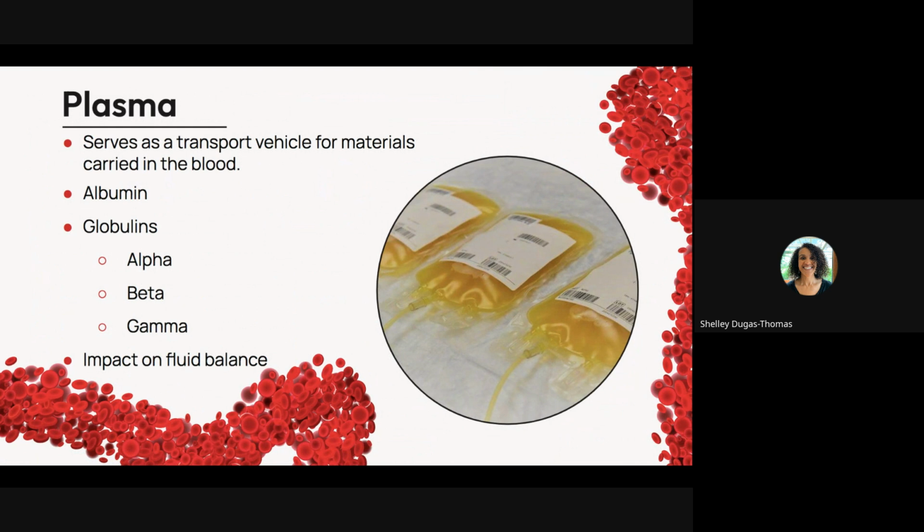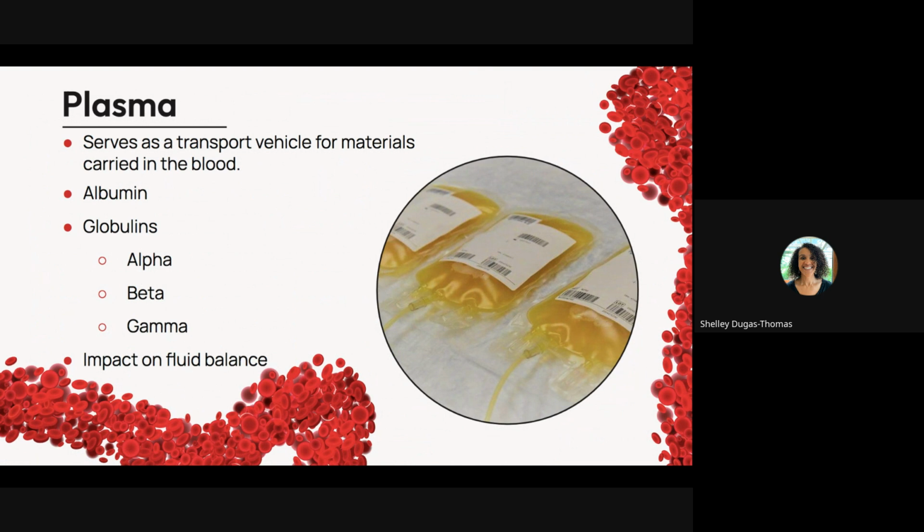So, plasma is the liquid portion of the blood after cells are removed. It's composed of over 90% water plus proteins, clotting factors like fibrinogen, and nutrients, enzymes, waste, and gases. When blood clots, the remaining fluid is serum, which lacks fibrinogen and some clotting factors.